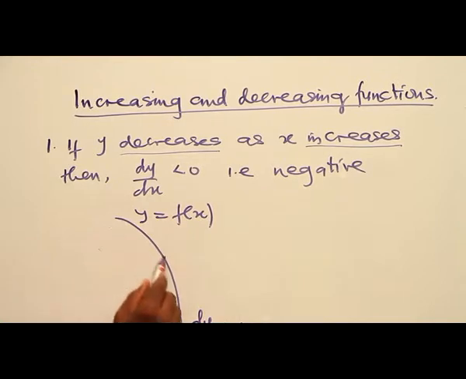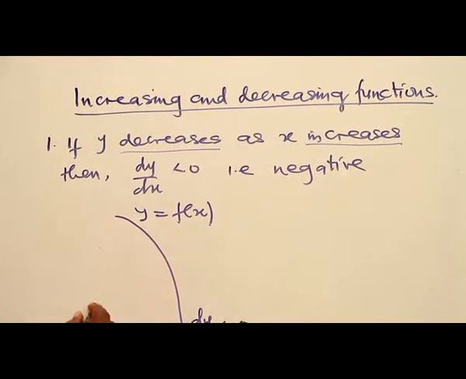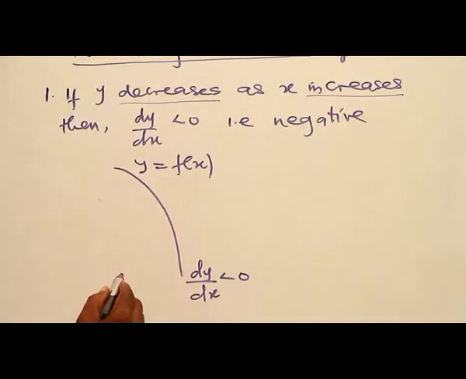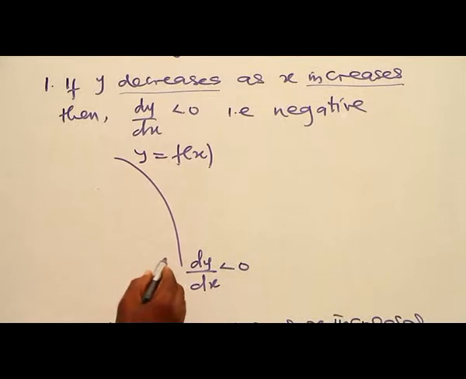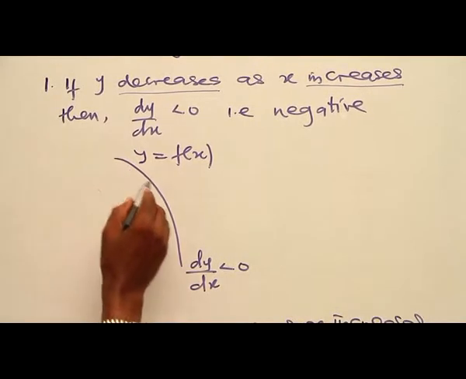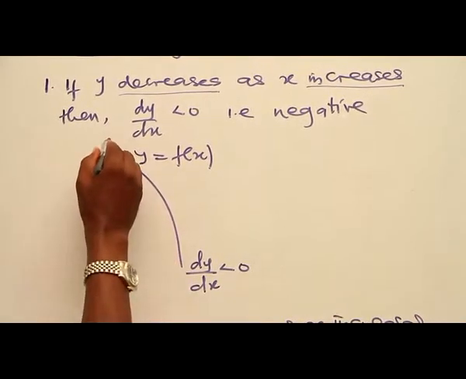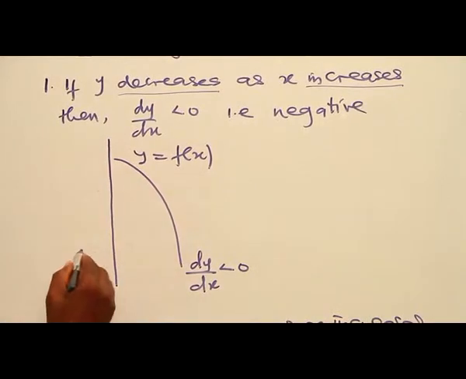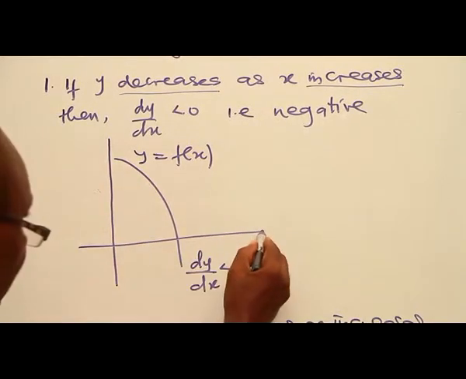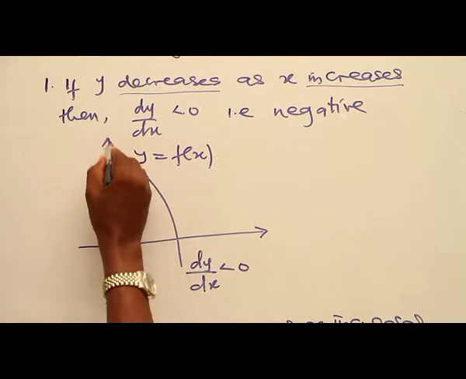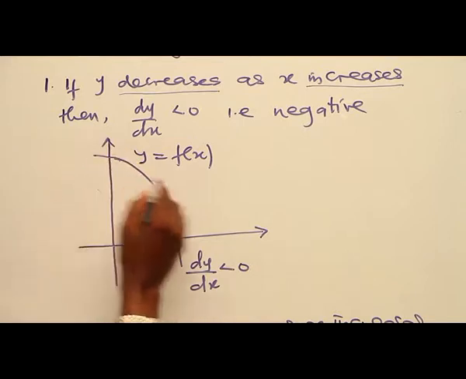Take the example of this curve. If you look at this curve, as the value of s is increasing, the value of y decreases. You have the s and the y axis.